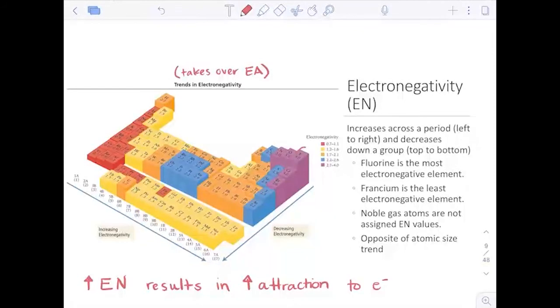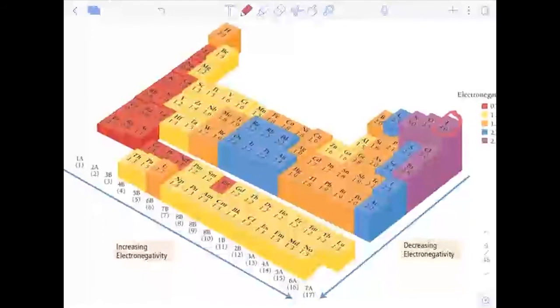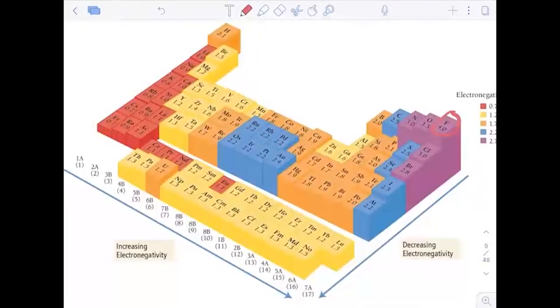The element that we see that has the highest electronegativity is fluorine. If we zoom in on this chart, which you will always have, all of our electronegativities, if we wanted to slap a value on it, you would have it. But the periodic trend, you should know. You should understand why this occurs.